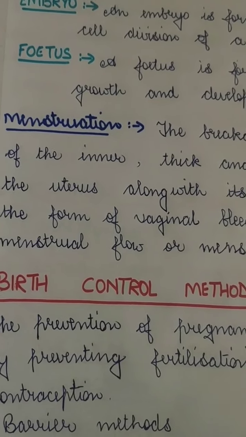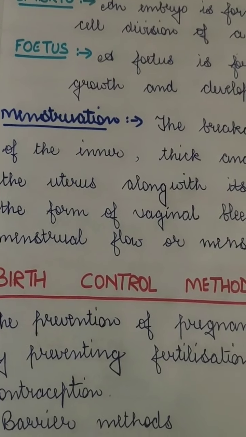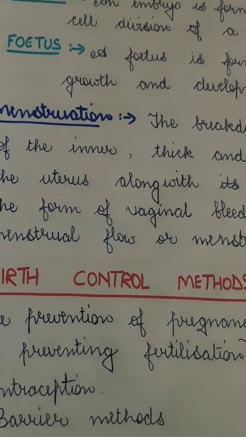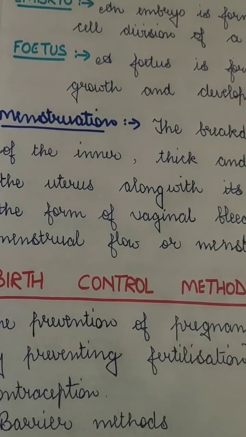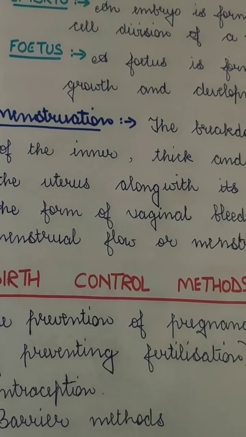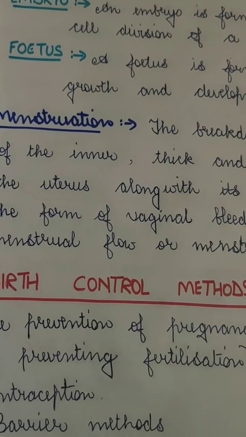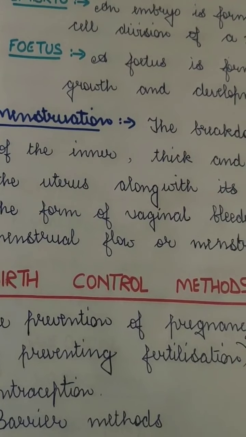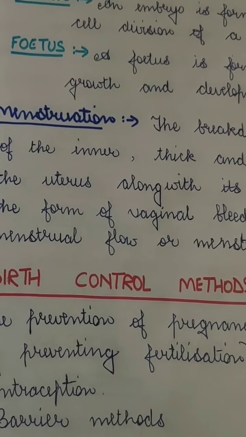The uterus prepares itself for the embryo and the fetus, so when there is no embryo, the lining wall of the uterus, which it prepared for holding the baby for 9 months, is no more required.